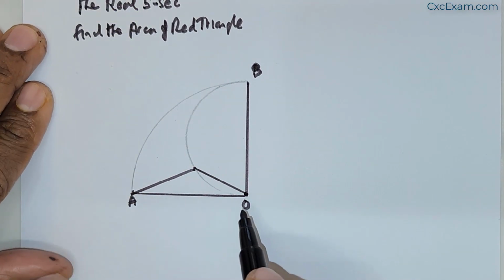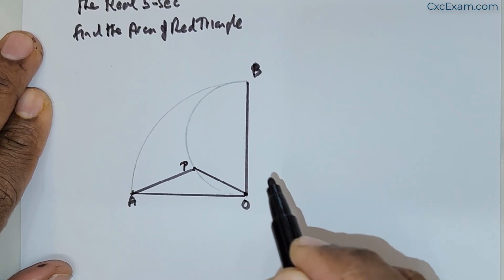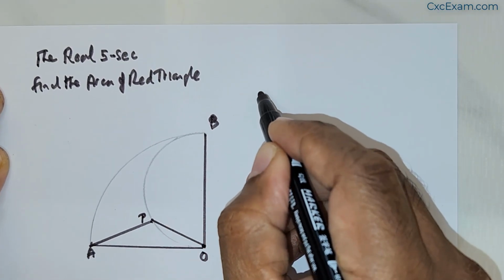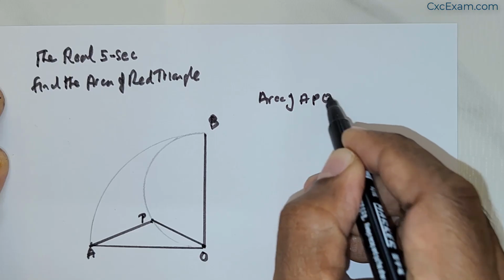Shaded red triangle. Now I'm going to take this point as P. We are asked to find the area of APO.